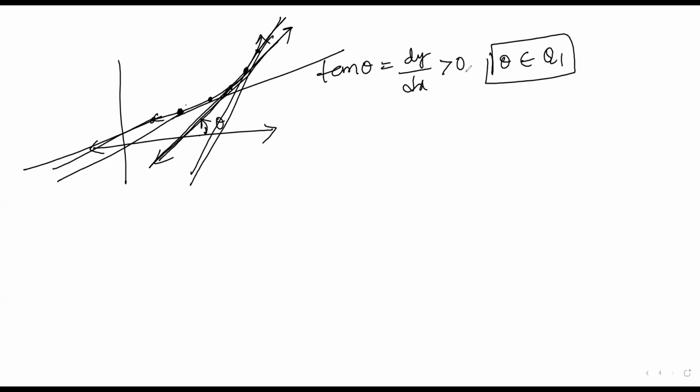So that means f dash of x is greater than 0. Simply, in the interval, on the domain, let's say f is a real valued function defined on the interval.